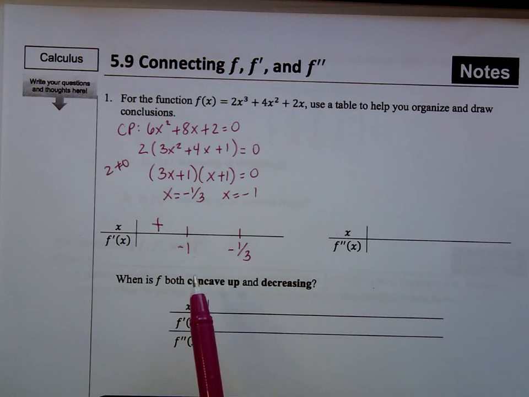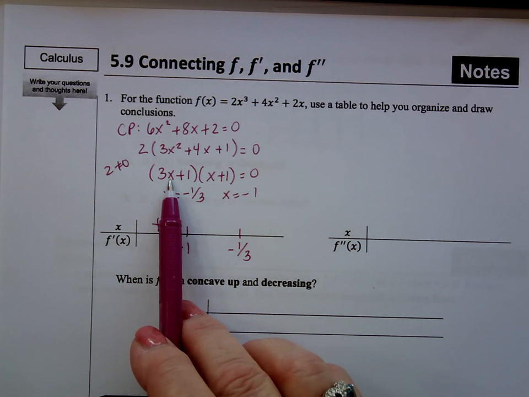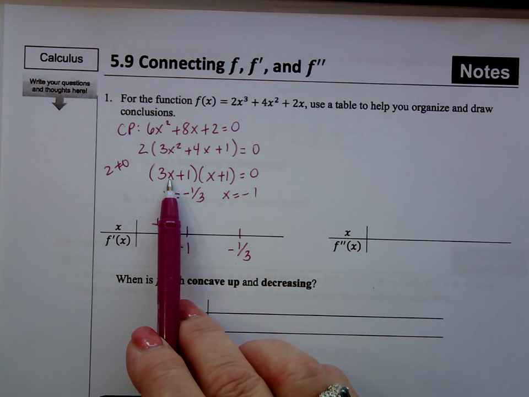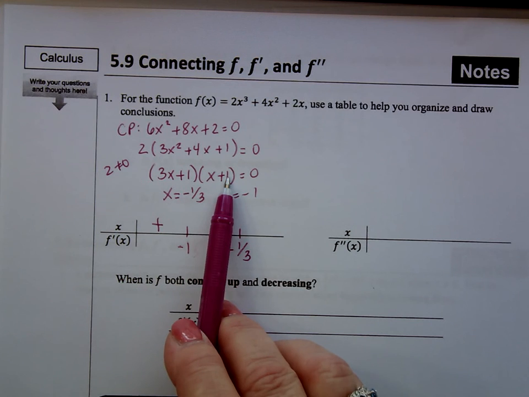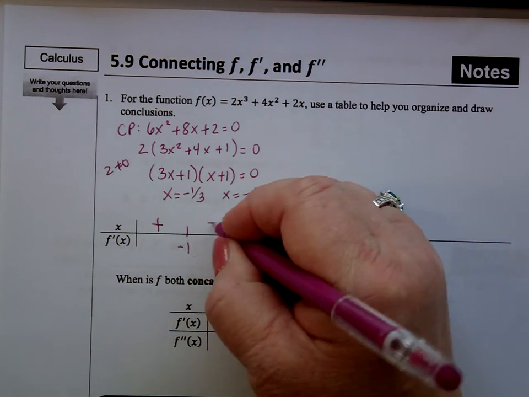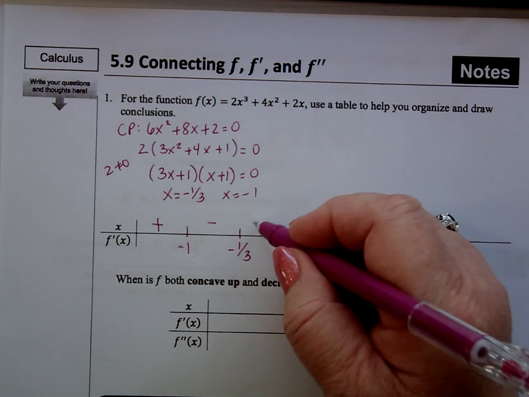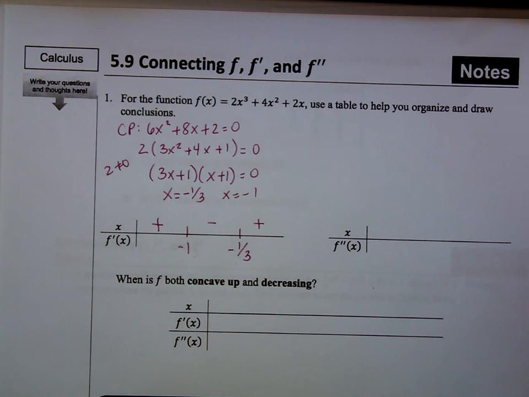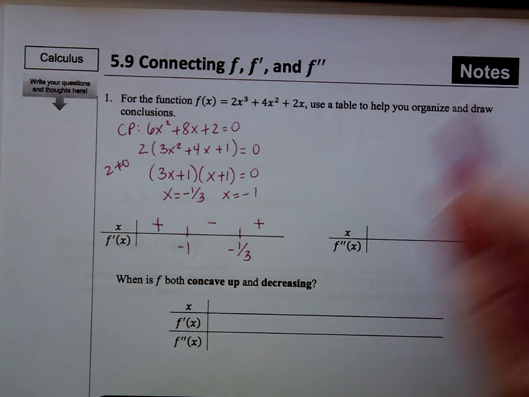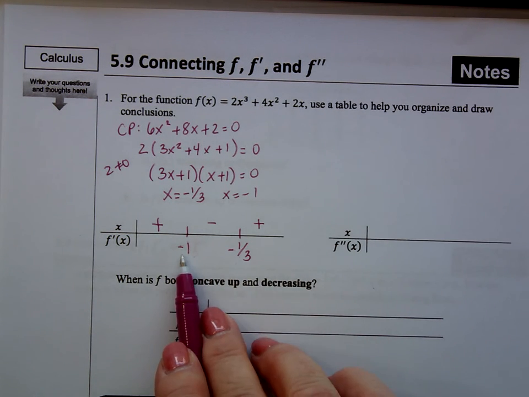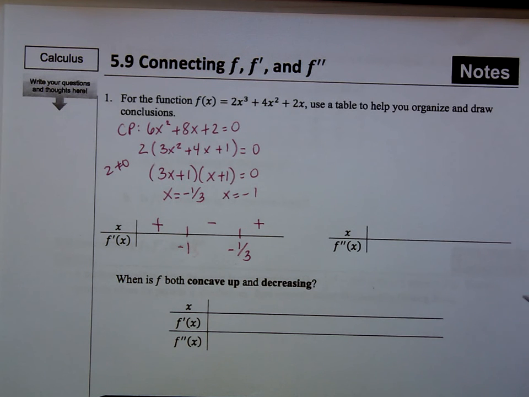A little tricky in between, because I'm in between these two things. Maybe negative 2/3. Negative 2/3 is going to give me a negative here and a positive here, so negative times positive makes this negative. If I put in 0, always love 0, I get a positive, positive, and so positive. So there's my sign chart for this guy. So I can tell it's decreasing from negative 1 to negative 1/3.